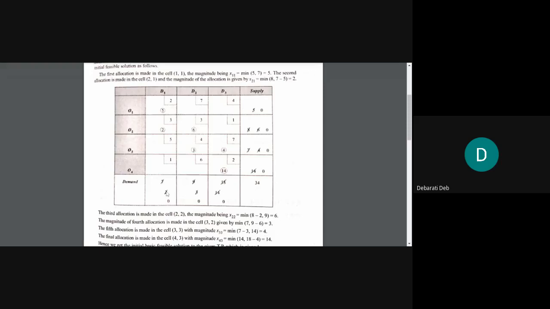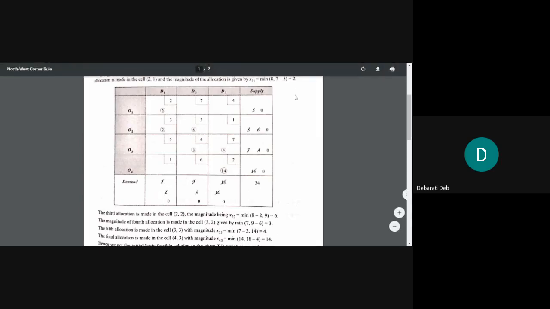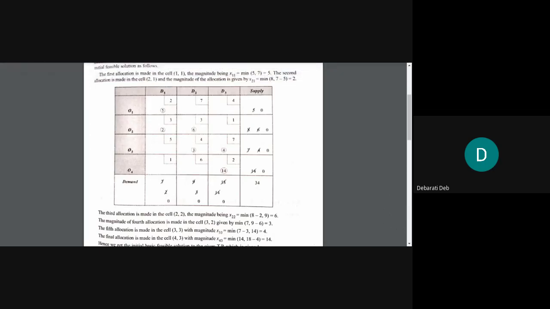Now you see, this is a very important line. If the column total is more than the row total, yesterday we saw that general table, B1, B2, B3, it was like that.